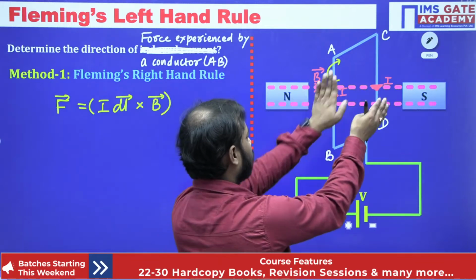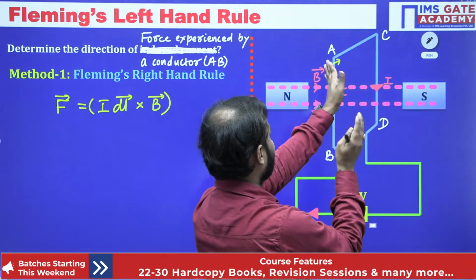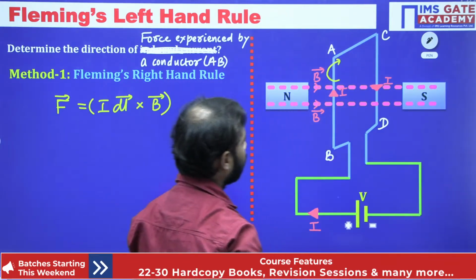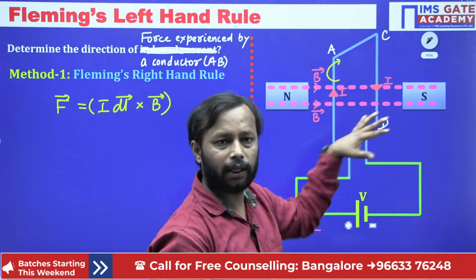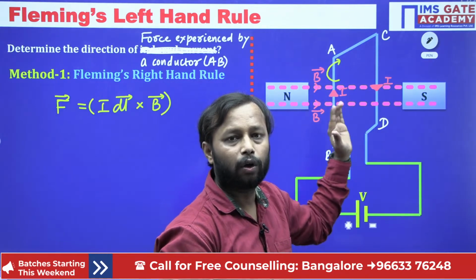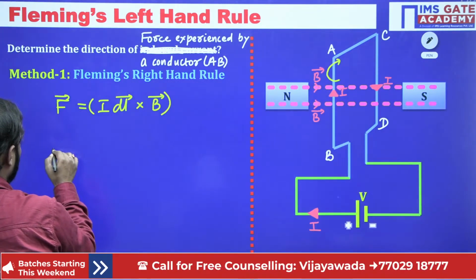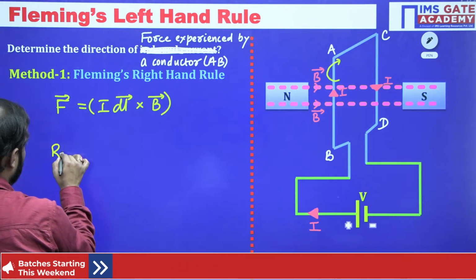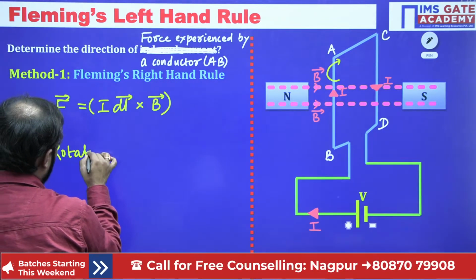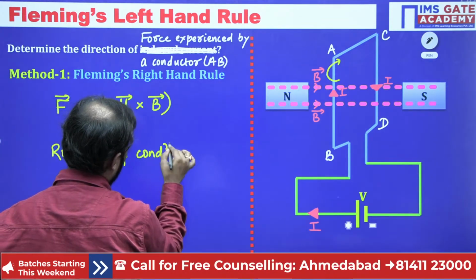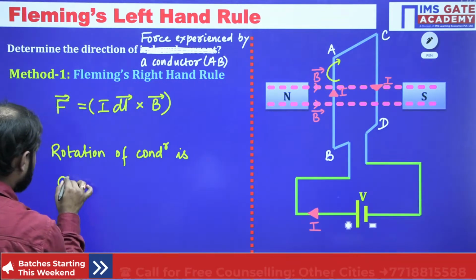So this portion will move inside like this. So basically the rotation here is clockwise rotation. All right, so rotation of conductor is clockwise.